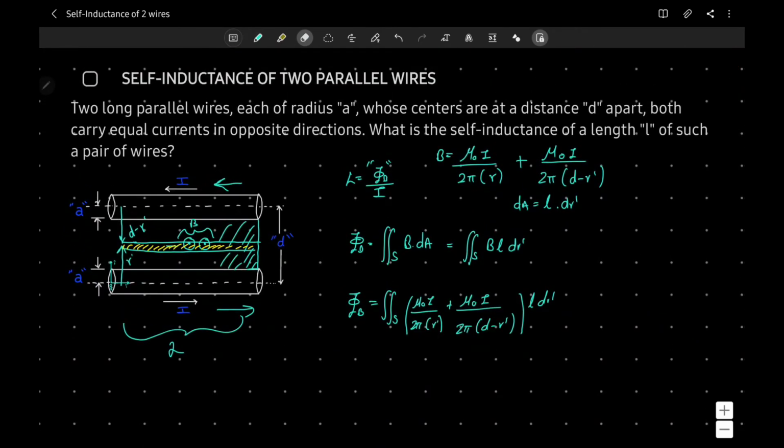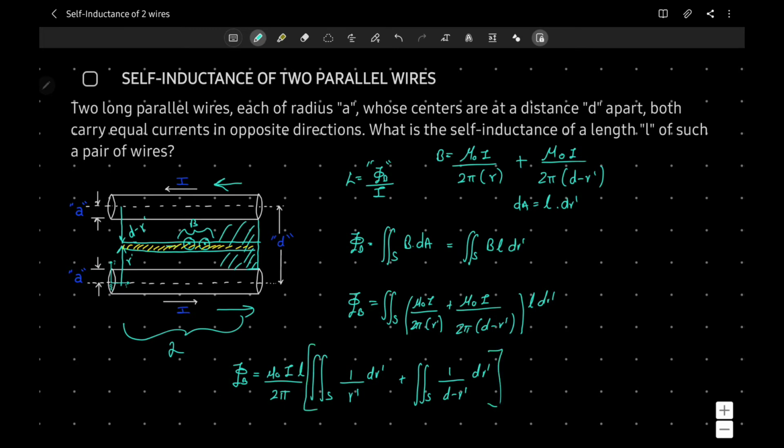In order to simplify that equation, I'm gonna make a common factor of the constants. Then I have that mu naught times the current, that's equal in both wires, over 2 pi. And I was forgetting the L, the length of the wire, so there it is.